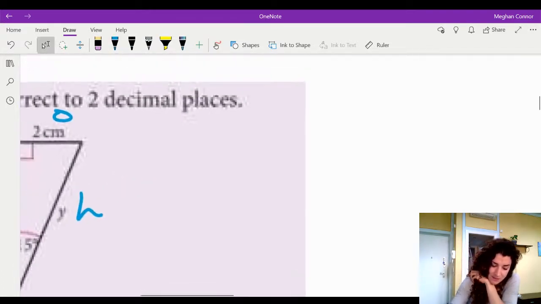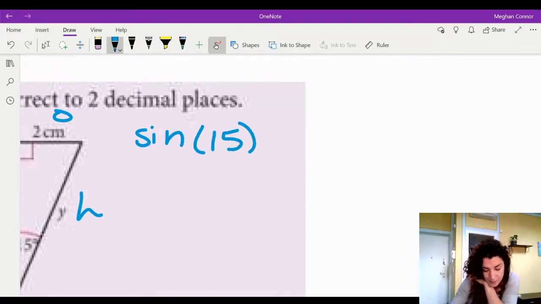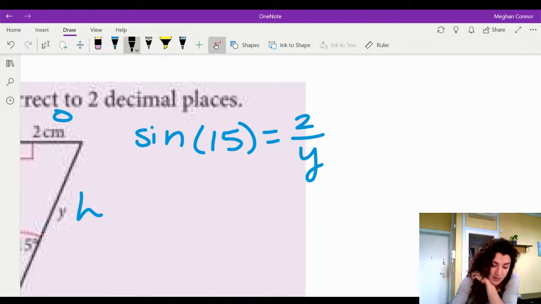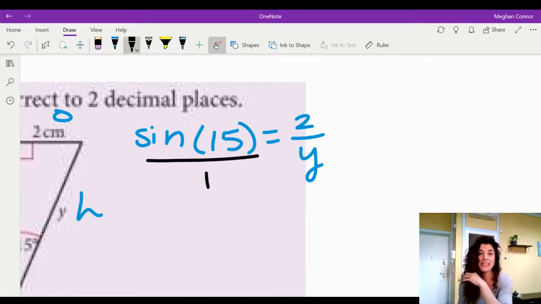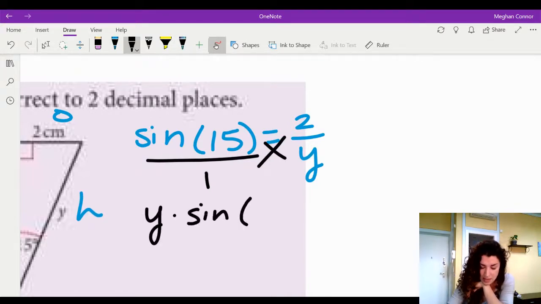Sine of 15 equals 2 over y. If you are still struggling with having a variable in the denominator, go ahead and put this guy over 1, cross multiply, and then solve. Y times sine of 15 equals 2.